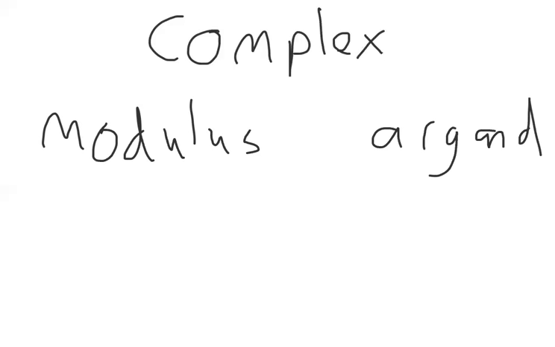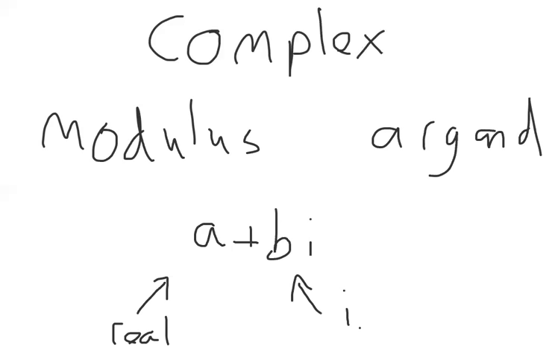These two words may seem complex at first, but if we break it down, we know that complex numbers are split into two things: a plus bi. All complex numbers can be broken down into this, where a is the real part and bi is the imaginary part.